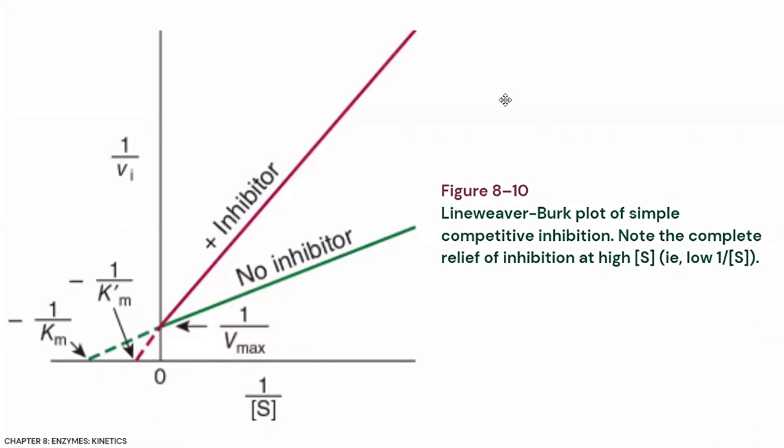So as you see here, you can have the Lineweaver-Burke plot with an inhibitor here and no inhibitor. Okay?